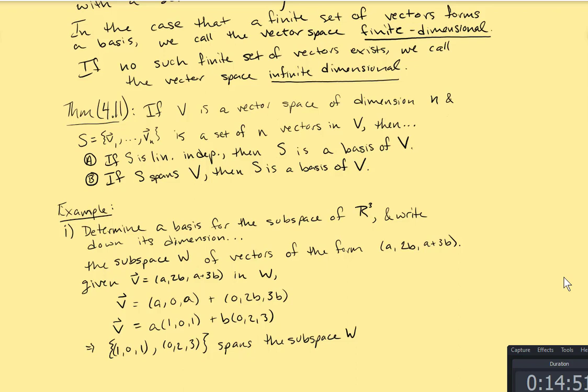And right away, notice here, we don't really know the dimension of W, so we do have to check linear independence as well. But notice (1, 0, 1) is not a scalar multiple of the other vector, (0, 2, 3), which is all you have to check for linear independence of two vectors.